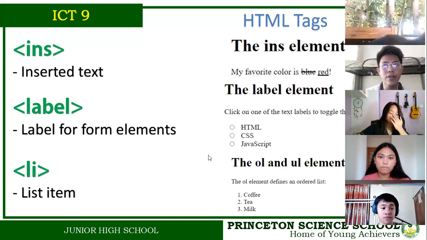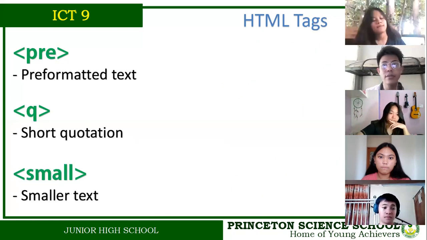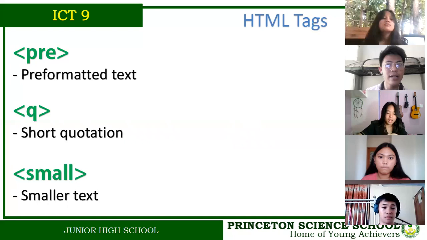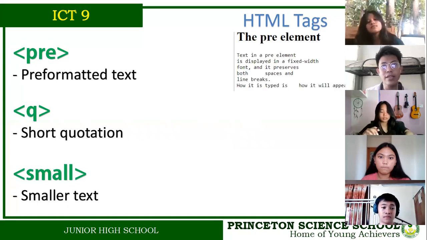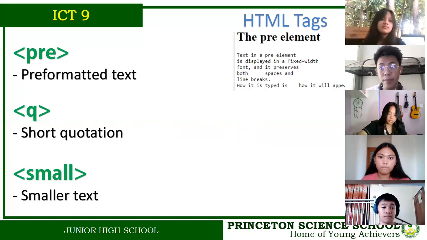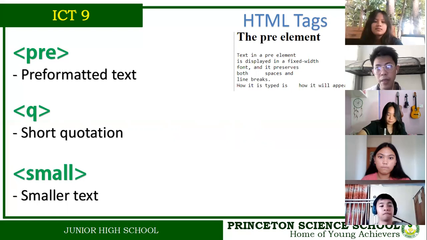So for the pre tag, or pre-formatted text tag, it will look like this. Text in the pre tag is how you type it in the HTML file. That is how it will appear in the web page.